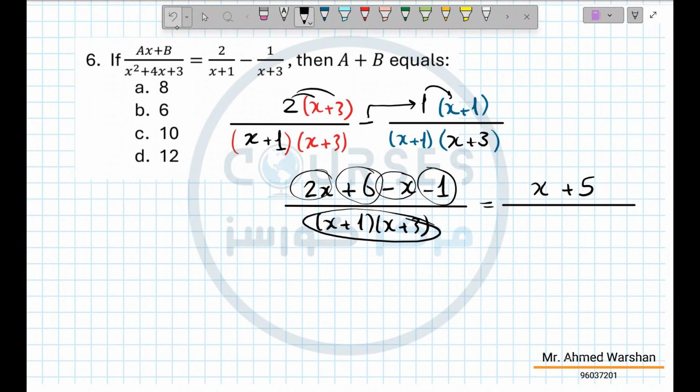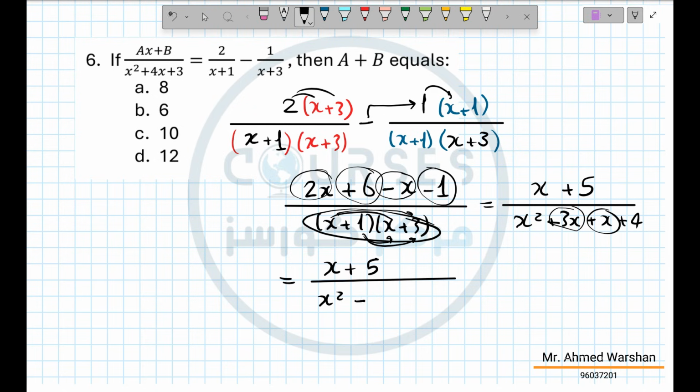And down here we can multiply to make sure it's the same as these. So x times x, that's x squared. X times 3, that's 3x. 1 times x, that's x. 1 times 3, that's 4. So we end up with x plus 5 over x squared, 3x and x are 4x plus 4.